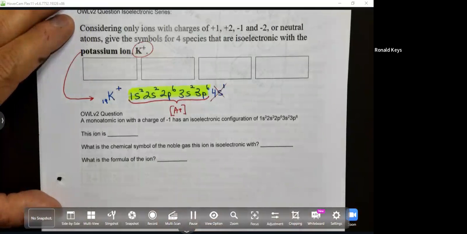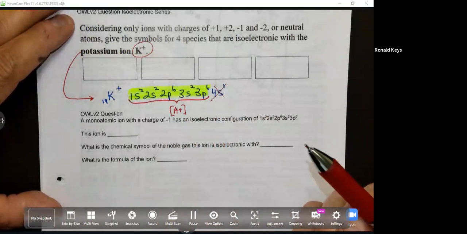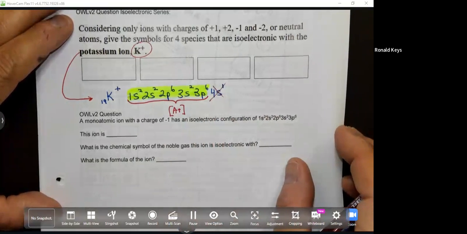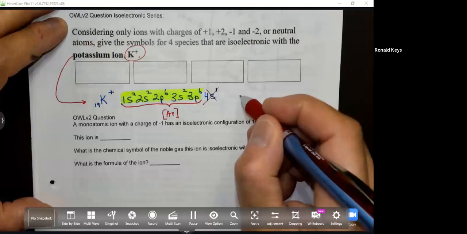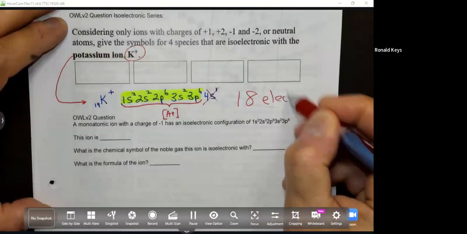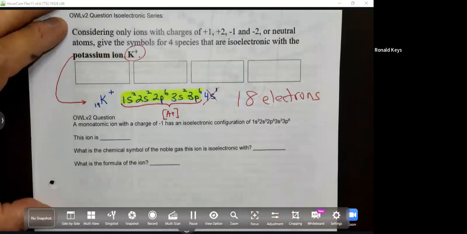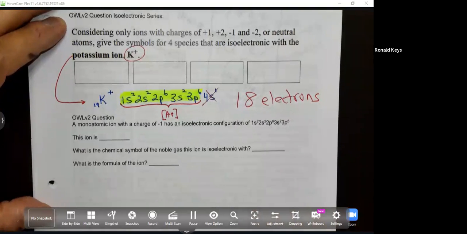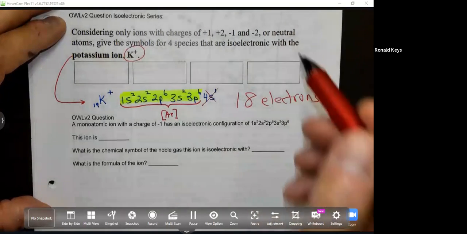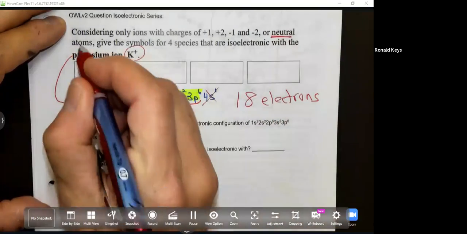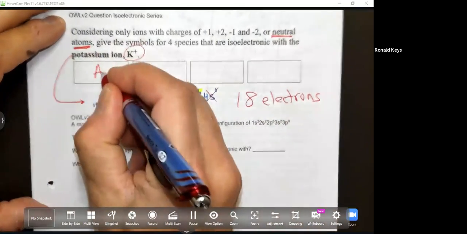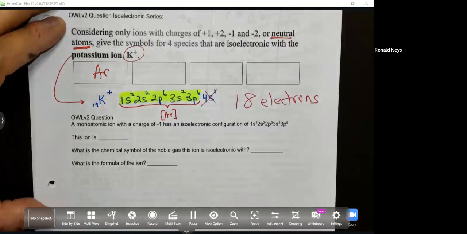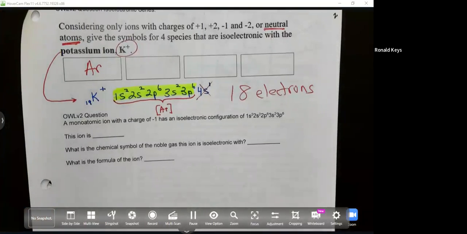So all of these are going to have how many electrons? 18 electrons. All are going to have 18 electrons. So this includes argon. The neutral atom is the argon. So your first one's argon.